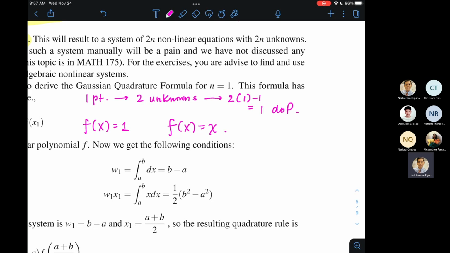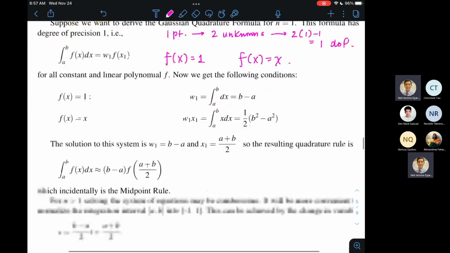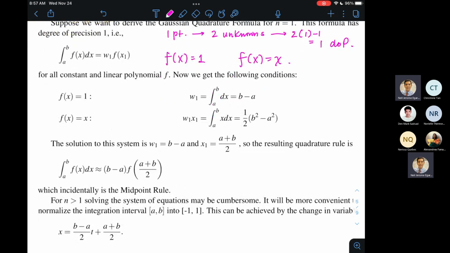Okay? Now, let's see how the nonlinear system will look like. Una, gawin nating f of x equals 1. So dito, i-plug in natin si f of x equal kay 1. So we'll have integral from a to b of dx equals W1 times f, a constant function 1.